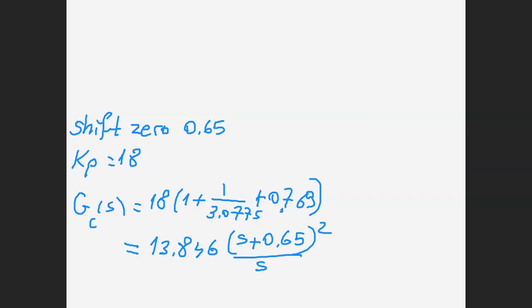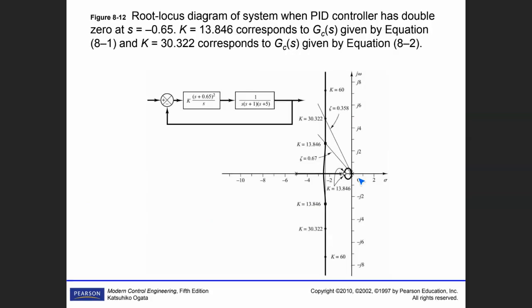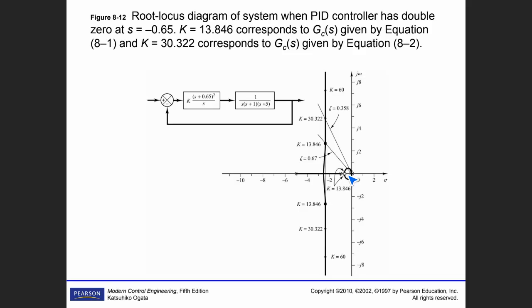So that is the basic principle of it. You can see that when you shift the double zero to near to origin, then these two couple here, and then you end up with a very nice curve, whatever the K you prefer, but it should be something like this. Okay.